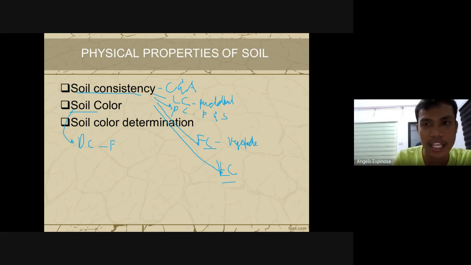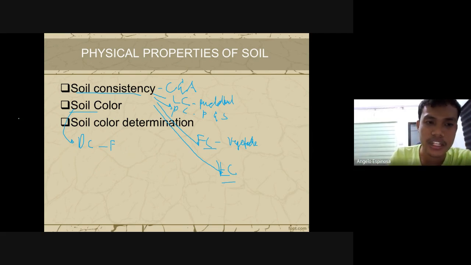Laging tandaan, pag maitim ang soil, it is more fertile. Dahil maitim siya, it contains abundant humus or parent materials, which means the dark color contains base-rich ferromagnesian minerals.